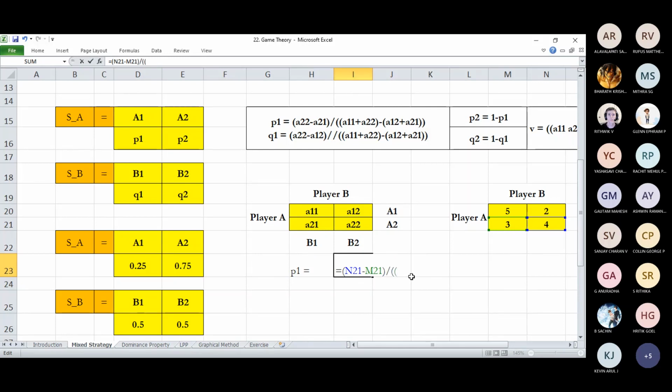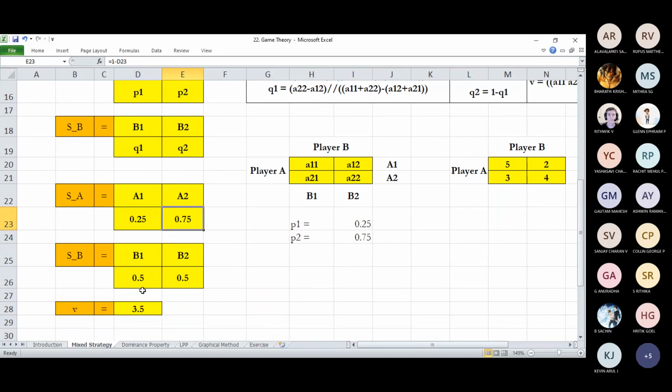There are two terms here, which is A11 plus A22, minus A12, which is nothing but this one, plus A21. So the probability of this is 0.25. And once you know P1, we can find P2, which is nothing but 1 minus this particular value, 0.75. So that's how you got the value of P1 and P2, right?